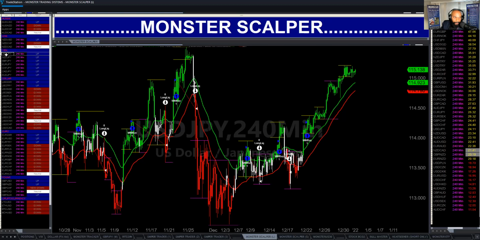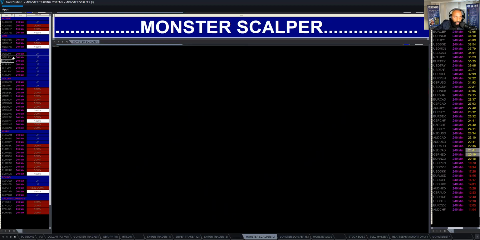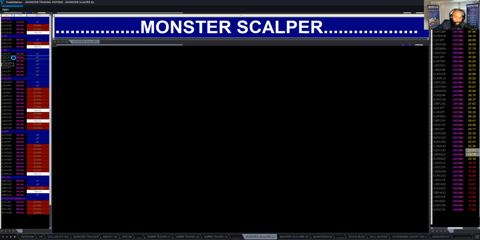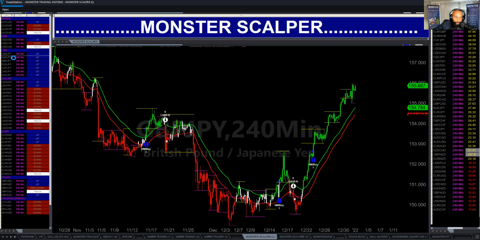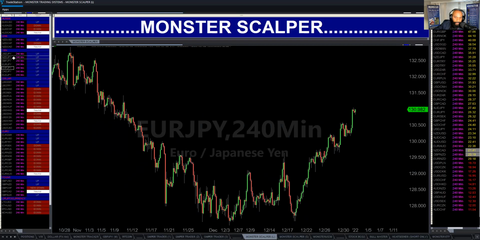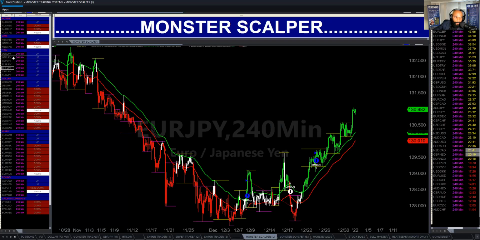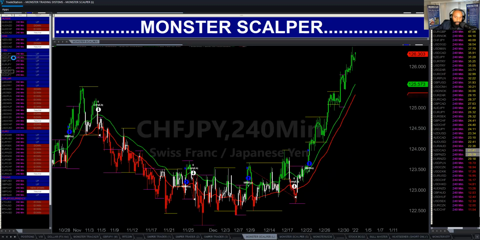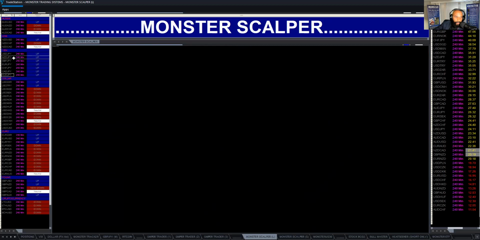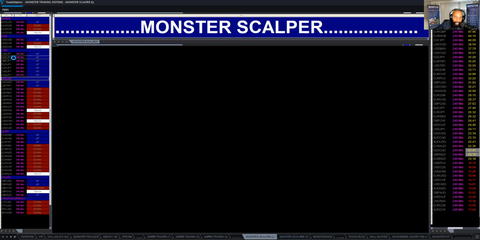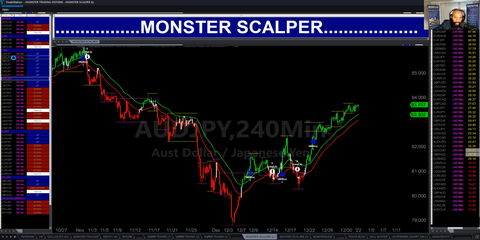So the dollar yen, the New Zealand yen, the pound yen, the euro yen, the Swiss yen. Look at that. Look at the Swiss yen, the CAD yen, and now the Aussie yen. That's the last one.